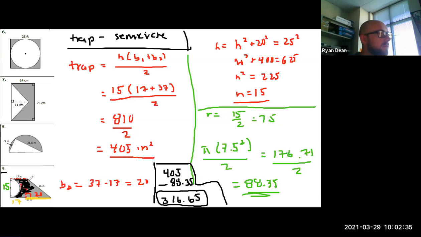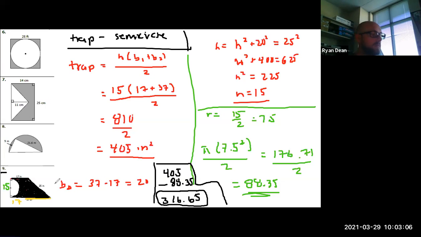So again, it's very similar to what we did with composite areas, except composite areas were finding the area of every shape and adding it together. With shaded regions, there are going to be some instances where we find the area of specific shapes, and then we have to subtract those away because we don't want to include them in our final solution.